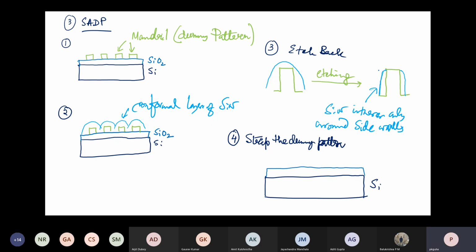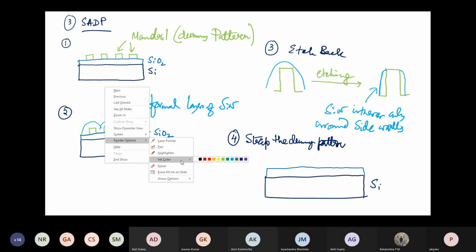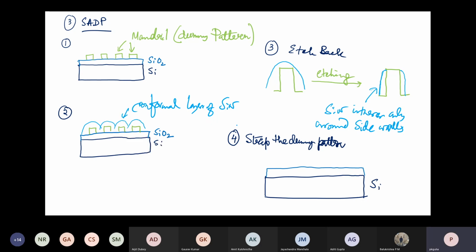And I have removed this dummy pattern mandrel. So what I am having now is only SiN sidewalls.